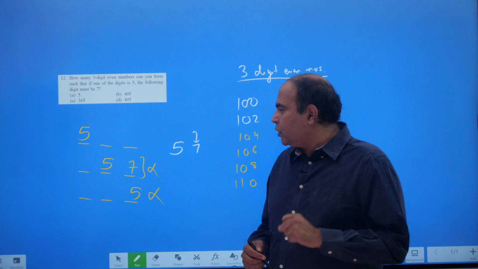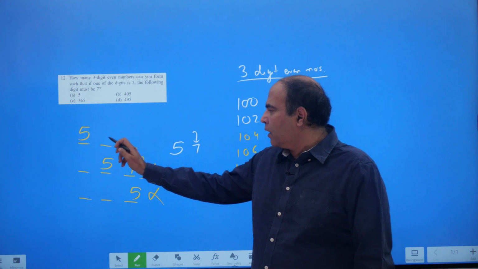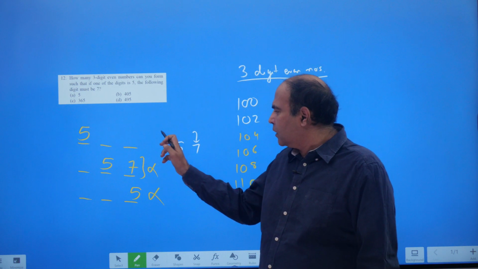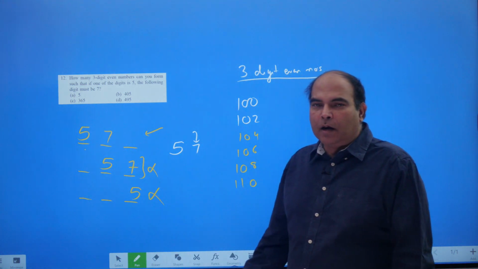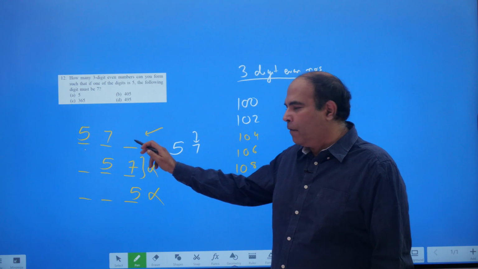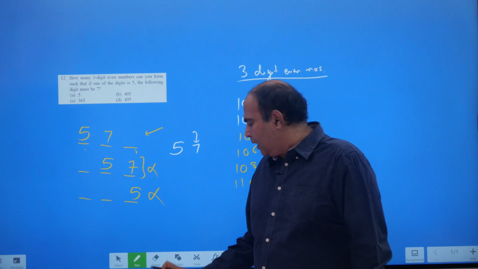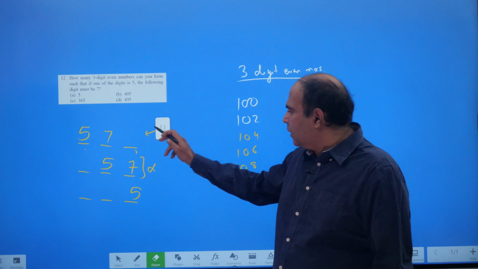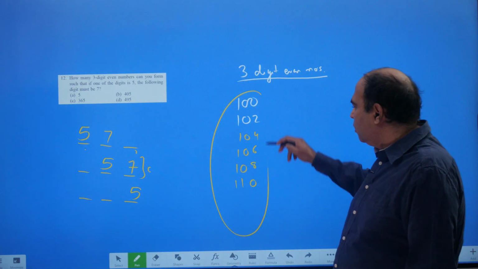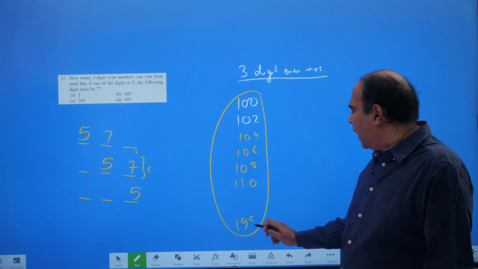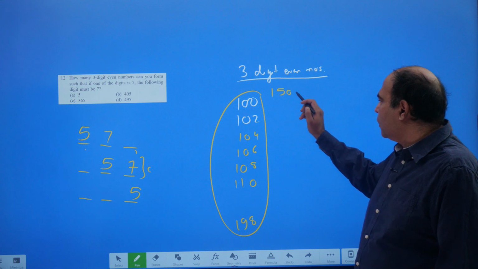The only point at which this will work is if the 5 is in the first digit, then the numbers start with 5, 7, and whatever of 0, 2, 4, 6, 8 can come after. So what I should realize in terms of the pattern is that the hundreds from 100 to 198 will go all uninterrupted except for the 150s. That is what I should be able to visualize.